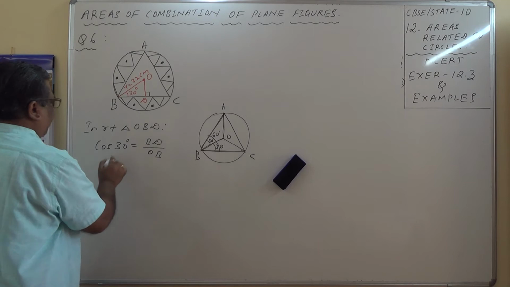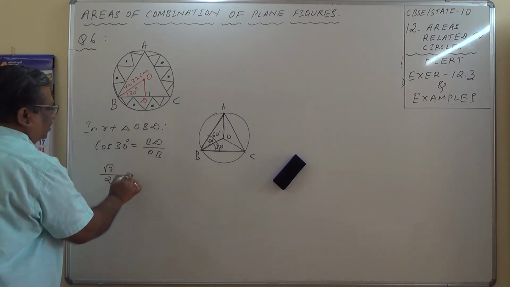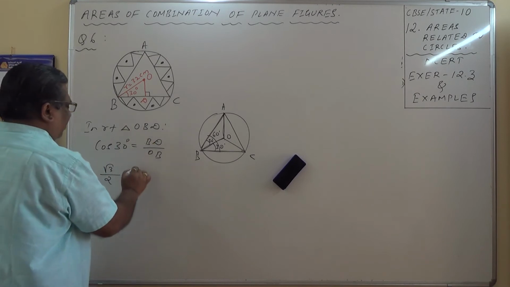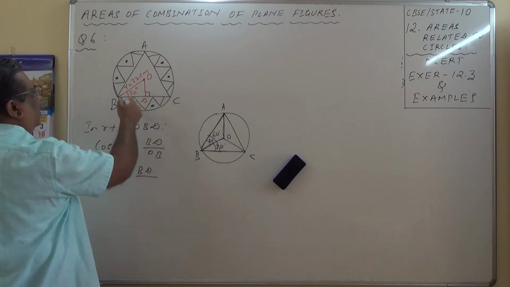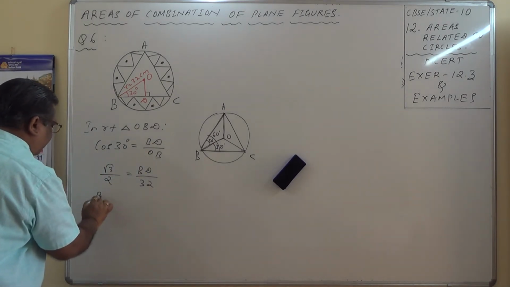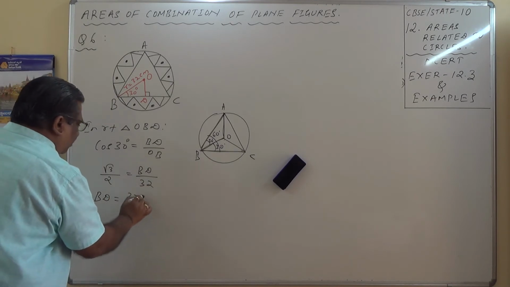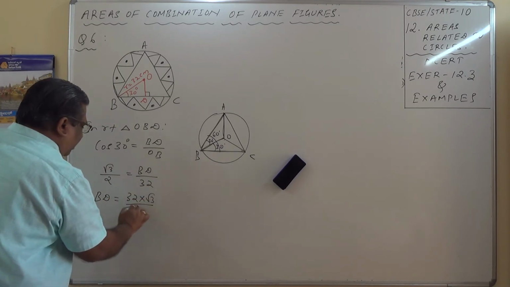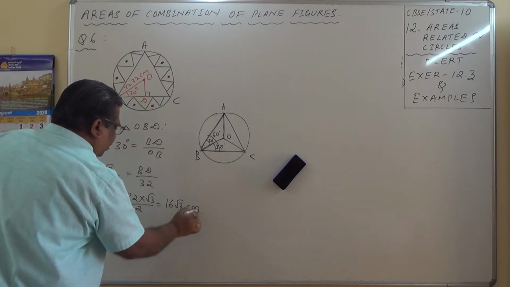Cos 30 is root 3 by 2, which is equal to BD by OB. OB is 32, and therefore BD is equal to 32 into root 3 divided by 2, which is 16 root 3 centimeter.